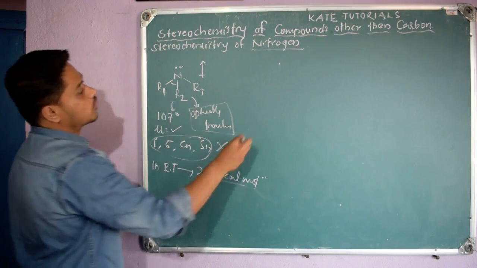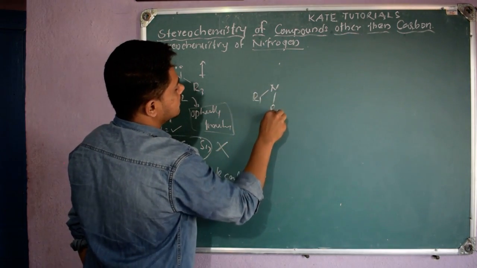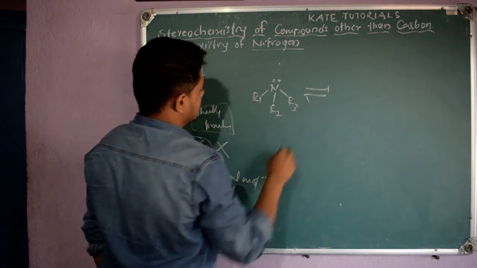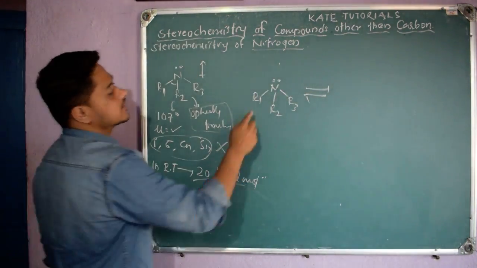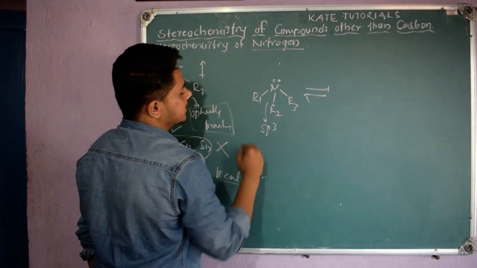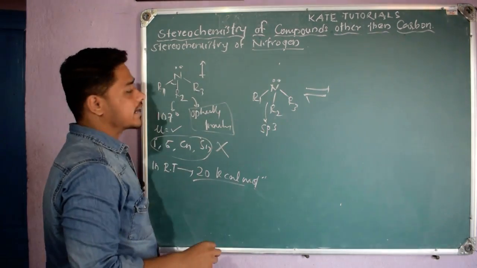And for this compound, the nitrogen is attached to all different atoms R1, R2, R3, and here we have a lone pair. With this energy, this nitrogen is sp3, and the lone pair is present in the sp3 hybridized orbital.